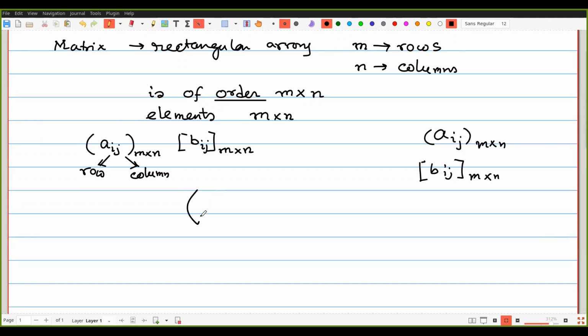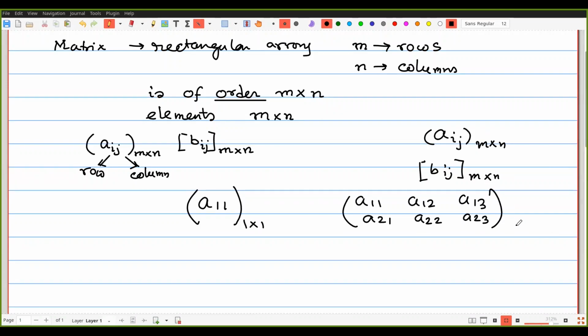Next, whenever we are proceeding with any type of matrix, at least one element must be there. It may be anything, but at least A11 must be there. So suppose we have A11, A12, A13, A21, A22, A23. One matrix is of order 1 cross 1, that one is of order 2 cross 3.